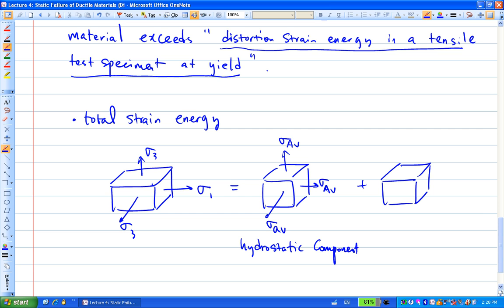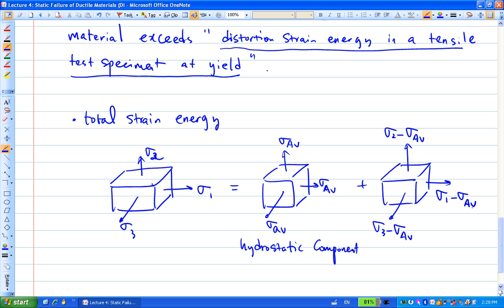And the other component is the one that will contribute the distortion strain energy. Very easily you can see now, if sigma AV is a component of sigma 3, sigma 2, sigma 1, then this will be sigma 2 minus sigma AV, this will be sigma 3 minus sigma AV, and this will be sigma 1 minus sigma AV.